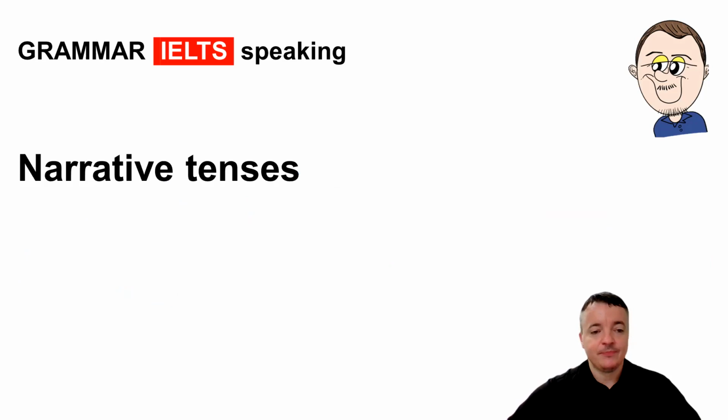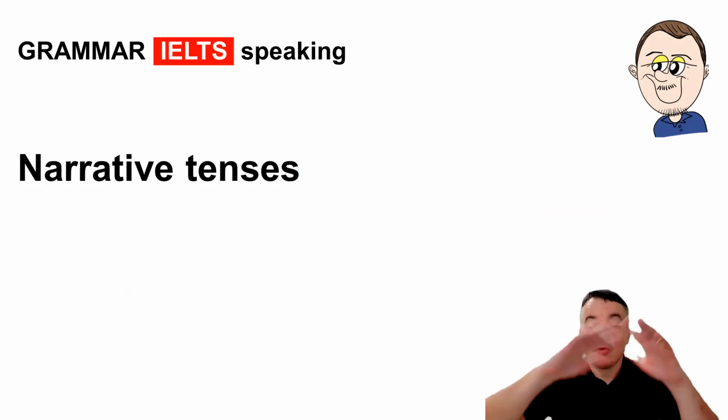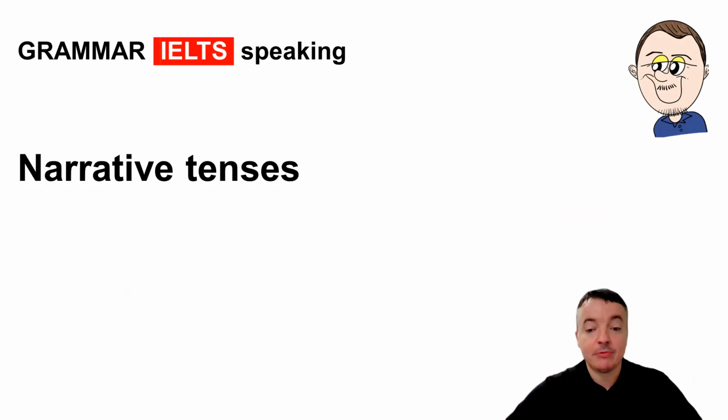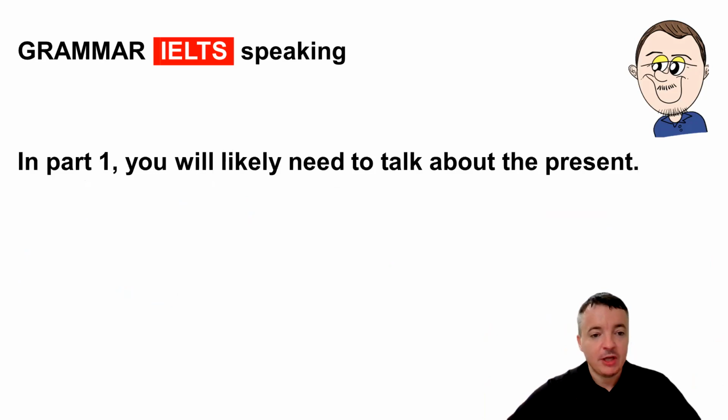Narrative tenses. As we know, we have past, present, future. You need to show a range. So we have to be able to talk about the past, the present, and the future. In part 1, you'll likely need to talk about the present, your job, your work, your hometown.